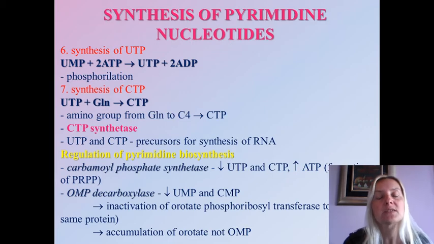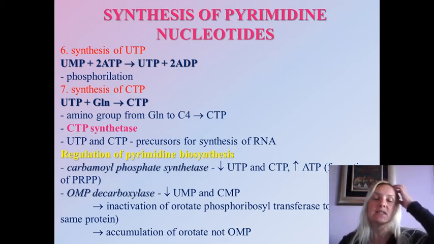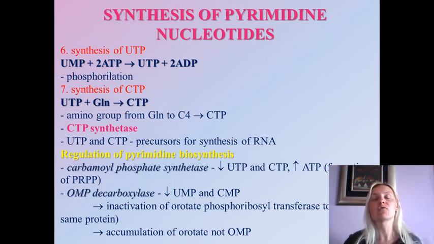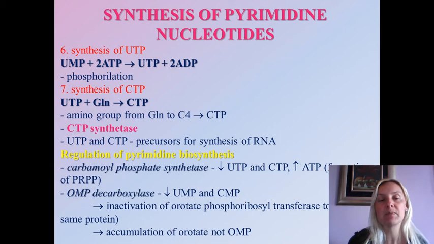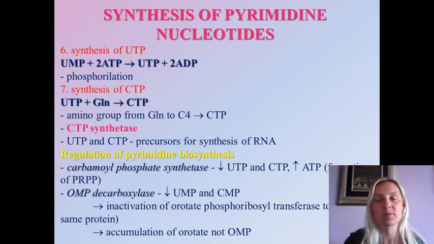So the enzyme which catalyzes this reaction is CTP synthetase. And of course, now we have UTP and CTP, so they are precursors for RNA synthesis, and they can be incorporated into different types of RNA molecules.